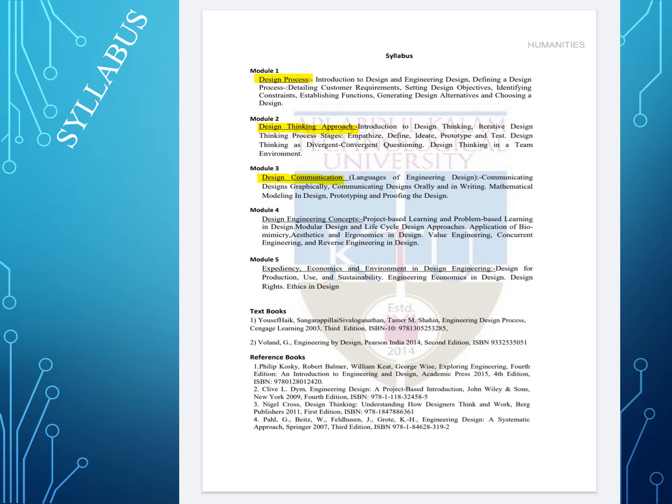And the fourth module includes engineering design concepts. And the fifth module includes expediency, economics and environment in design engineering. So these are the 5 modules that you have to study in design and engineering paper. We will discuss each module in detail later.